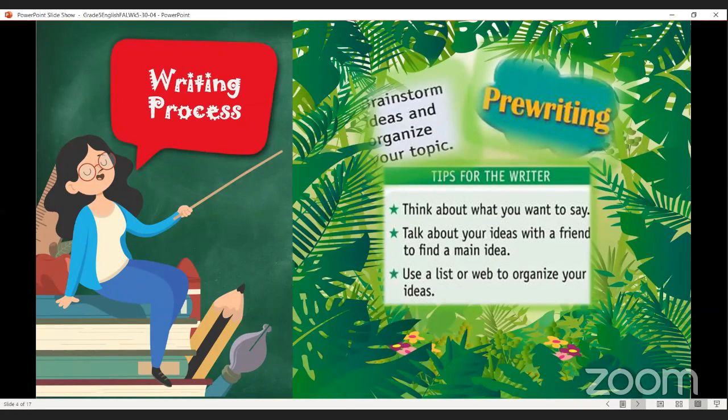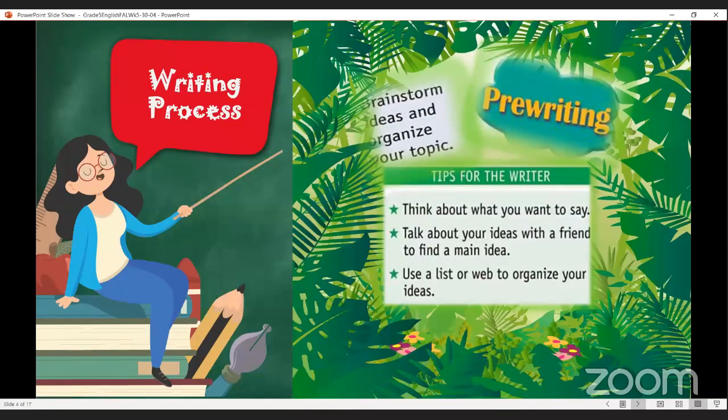Okay, and remember I said, those of you that like to be creative, you can draw your shapes and circles and pictures on your mind map or spider diagram and make it look really funky and really cool. All right. I have some tips for you. And this is before you start writing. Think about what you want to say.